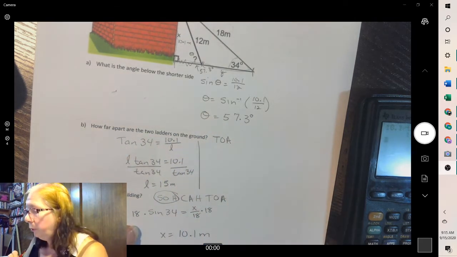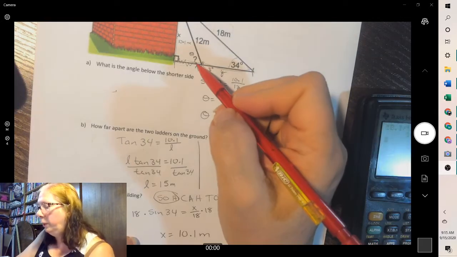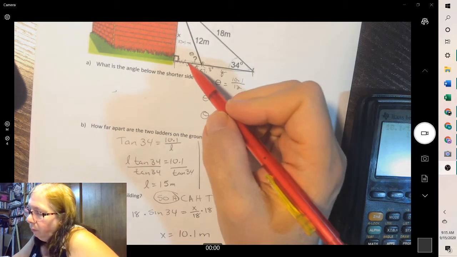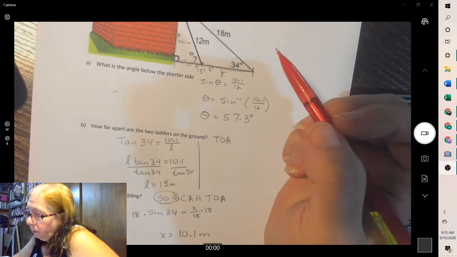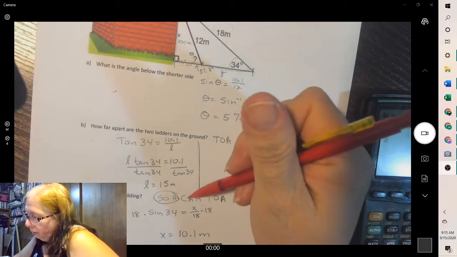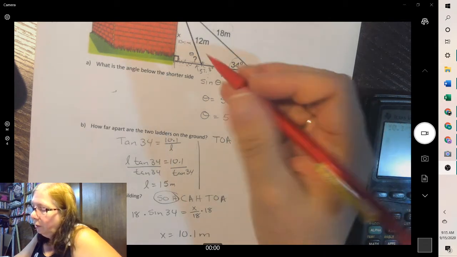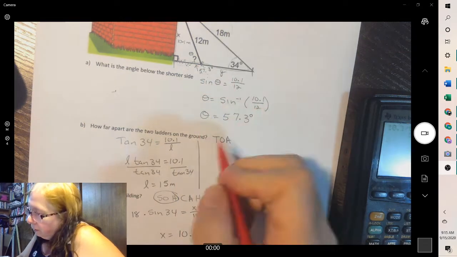Now we'll find the shorter side. Well, we know this angle now is 57.3. We're doing, again, tangent, opposite over adjacent. Or you can do adjacent and hypotenuse and use cosine. But since I have this written right above it, let's do another tangent. Opposite over adjacent.